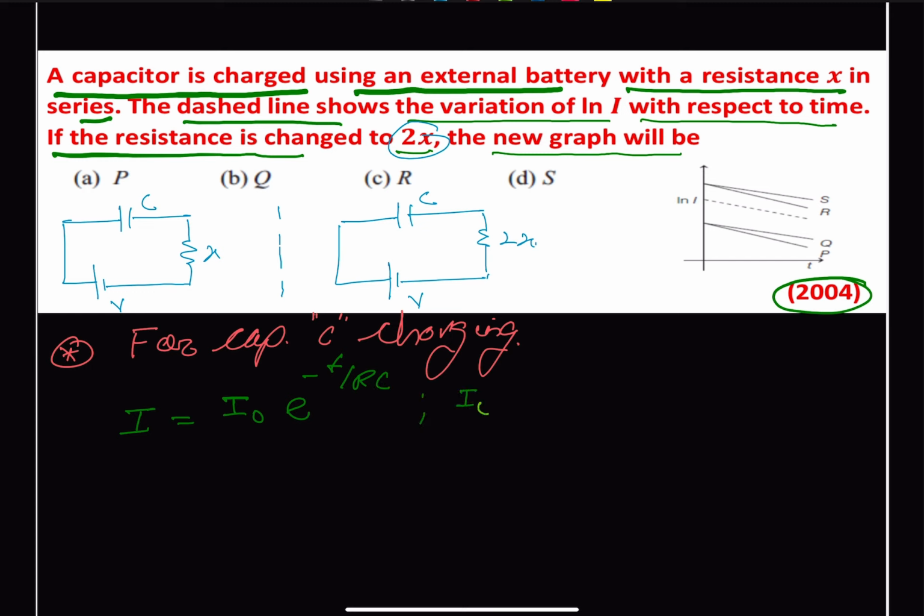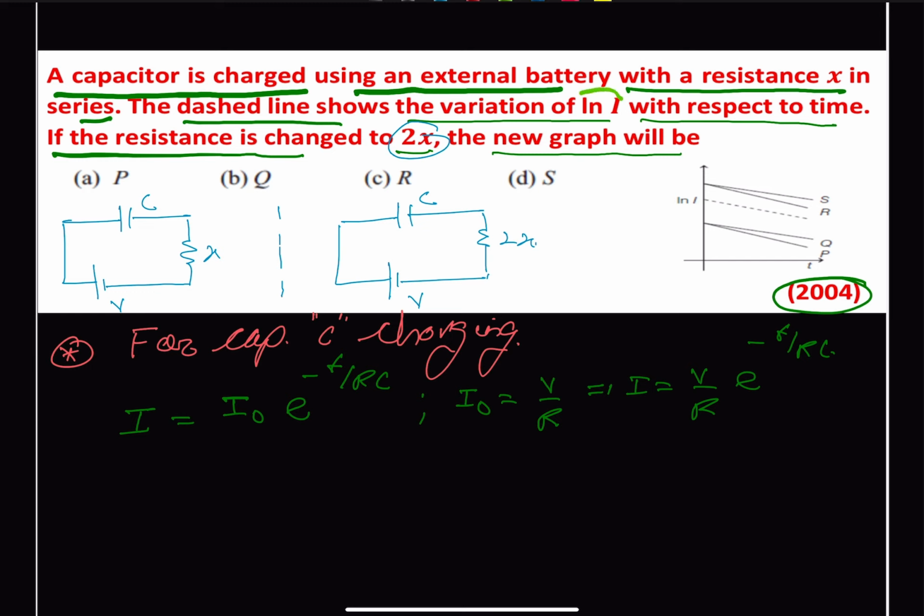I naught is our maximum current, which is V upon R. So we can write I is equal to V upon R e raised to power minus t upon RC. Here this RC is nothing but our time constant.